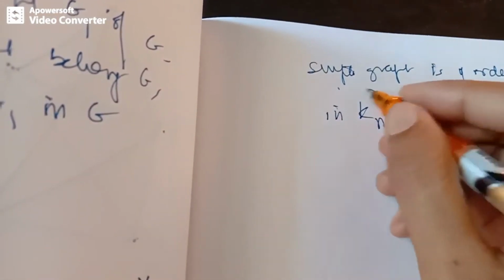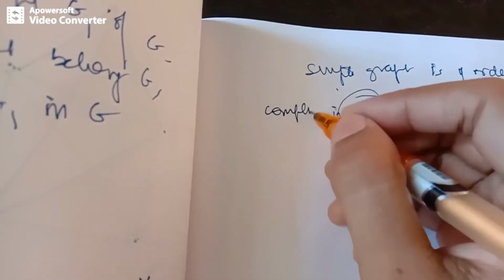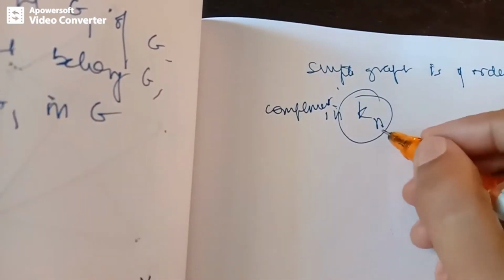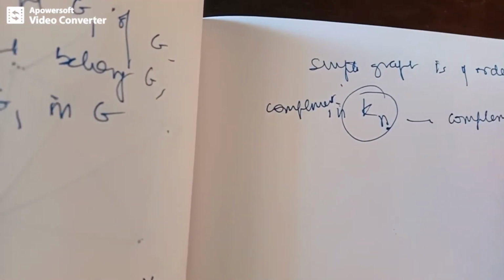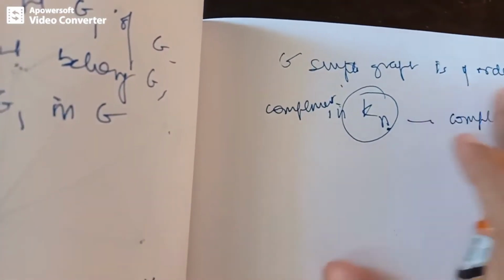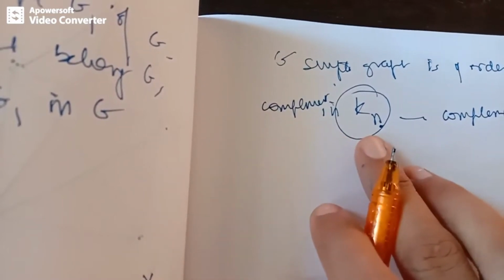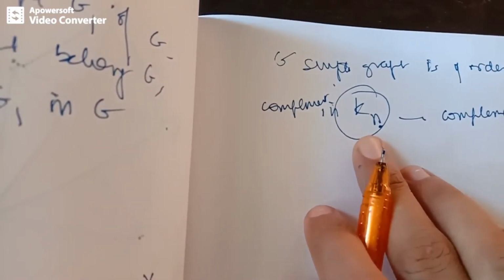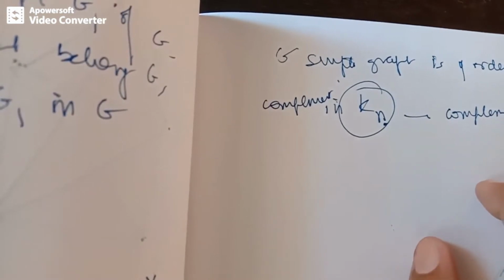So what is Kn? Kn is your complete graph. So the complement of the graph in Kn is called the complement of G. So we are denoting G as a simple graph of order n.